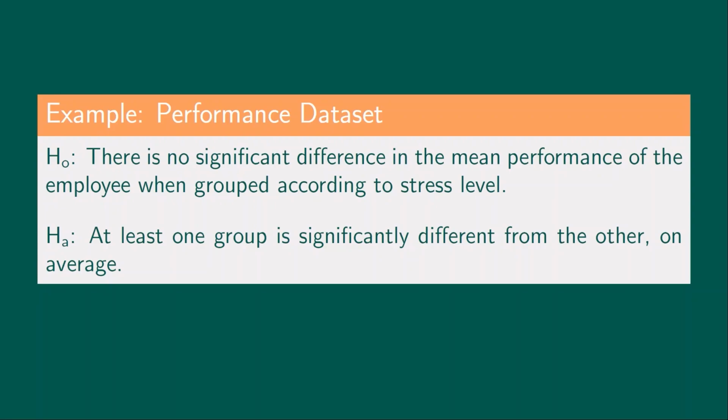It is noteworthy that these tests, the classic ANOVA, Welch ANOVA, and Kruskal-Wallis test, cannot identify which among the groups is significantly different from the others if we accept the alternative hypothesis. These tests can only suggest that at least one group is significantly different from the others. If we want to know which group that is, we need to use post hoc tests, which will be discussed in the next video.